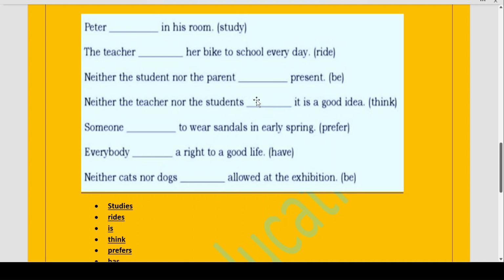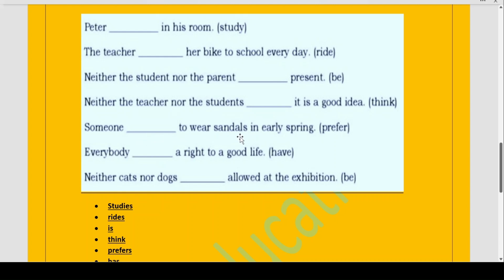Because students is plural. So, students will be followed by a plural verb, which is think. Okay. Now, again, this sentence is a compound subject which has teacher also and students also. But which is closer to the verb? It is students. And what is students? It is plural. So, we will follow it by a plural verb, think.